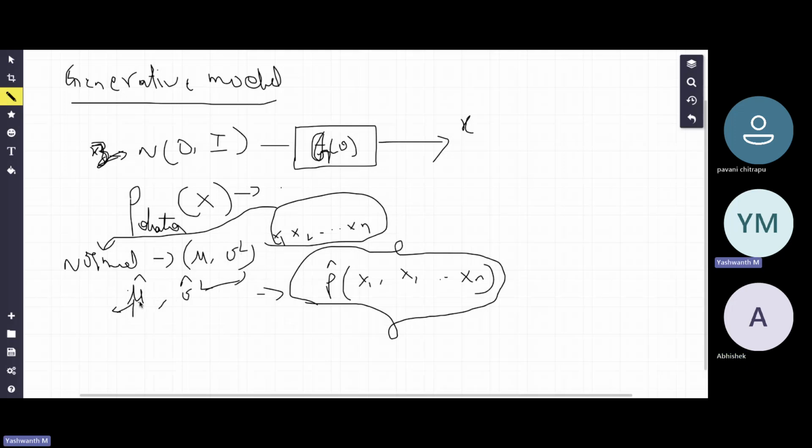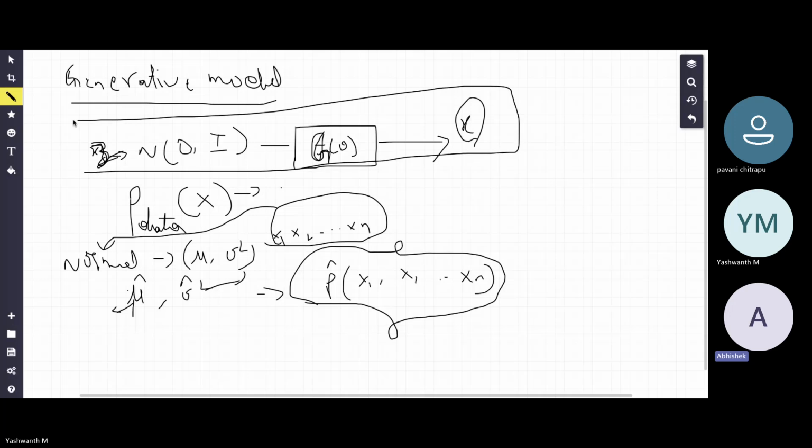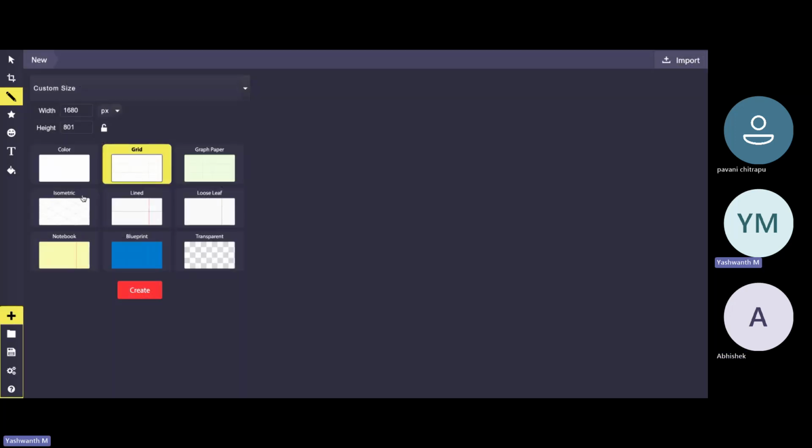If you know that the distribution is normal, it's easy to sample from it. The key problem here is we don't know the underlying distribution of the images. It's not Gaussian, Laplacian, exponential, or any standard distribution. It doesn't fit. We don't know what it is. This is the key problem in estimating the distribution of image data.